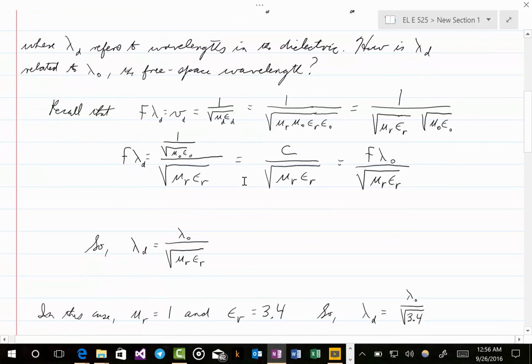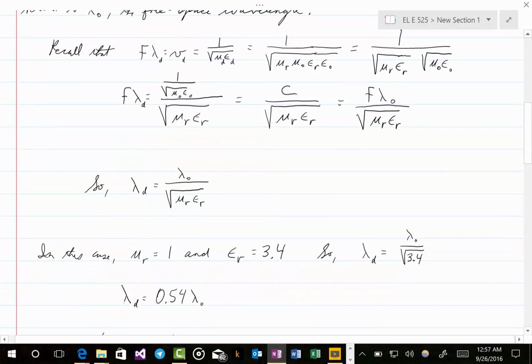And so if we cancel the f's on both sides, then we have the answer that we want, that the wavelength in the dielectric, lambda sub d, is equal to the wavelength in free space, lambda naught, divided by the square root of mu r epsilon r, where once again mu r is the relative permeability of the dielectric, and epsilon r is the relative permittivity of the dielectric.